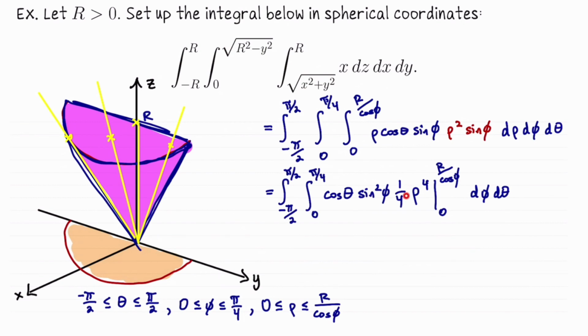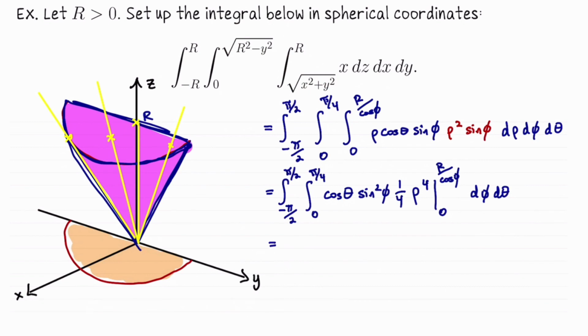All right, I'm going to pull the 1/4 in front of everything. Theta and phi are independent. I'm going to pull that out too, just so I'm looking at less. And then let me give myself some more room by erasing this. So it's 1/4 the integral from negative pi over 2 to pi over 2 cosine theta d theta.